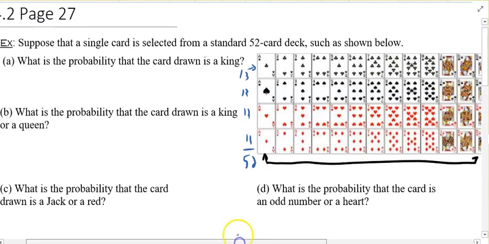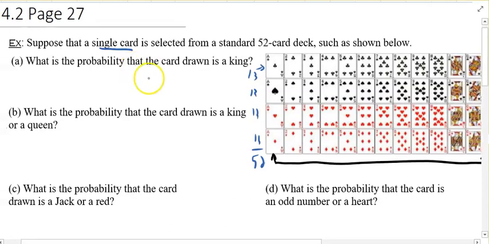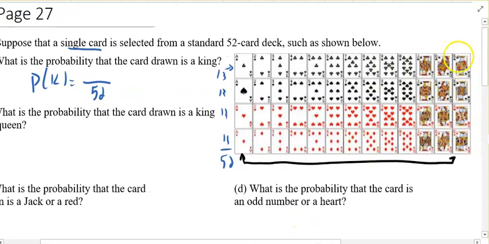And here it says, suppose that a single card, one card, is selected from a deck of 52, such as shown below. This is the deck. What is the probability of drawing a king? How many cards are there? There are 52. How many of those satisfy the king? They're right there: 1, 2, 3, and 4.